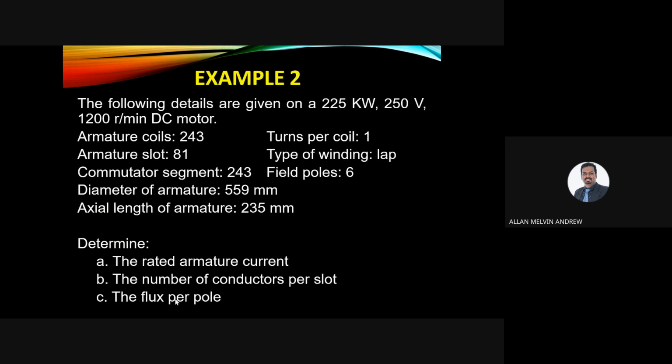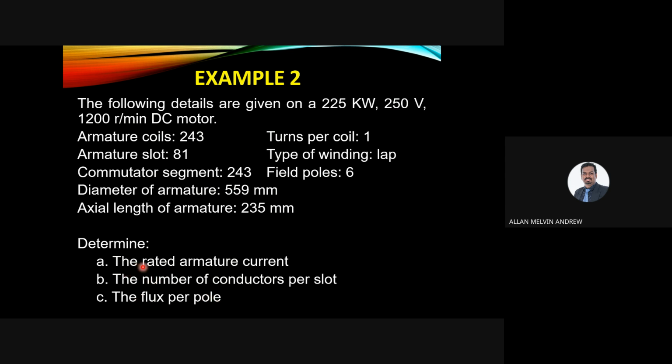Okay, example 2. The following details are given on a 225 kilowatt, 250 volt, 1200 revolution per minute DC motor. All these are the specification of the DC motor. We need to determine the rated armature current, the number of conductors per slot, and also the flux per pole.